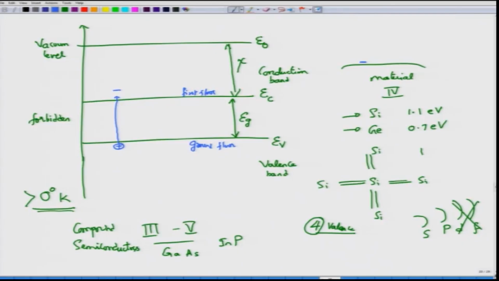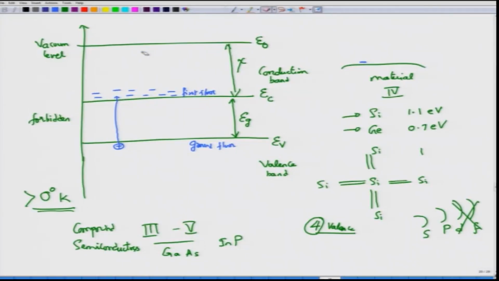So, at temperature greater than 0 degree Kelvin you will find a reasonably good amount of electrons in the conduction band, but they are all hugging the conduction band. You do not find electrons right near the vacuum level because the energy is not sufficient for the electrons to just come out of the material.